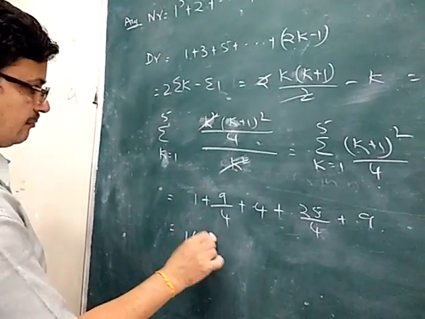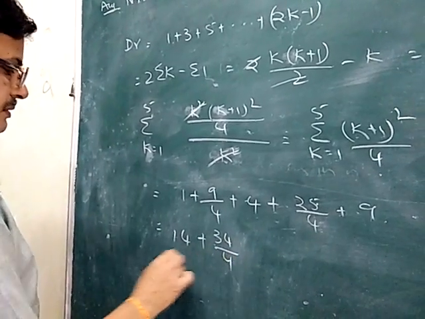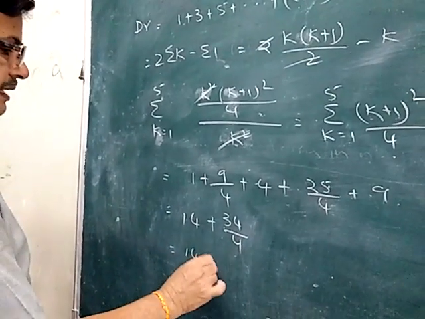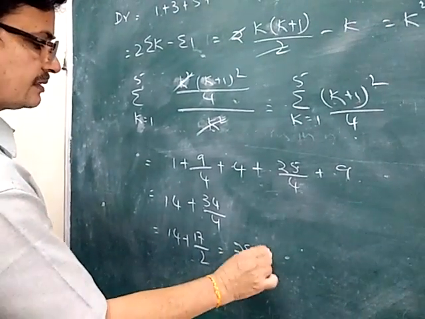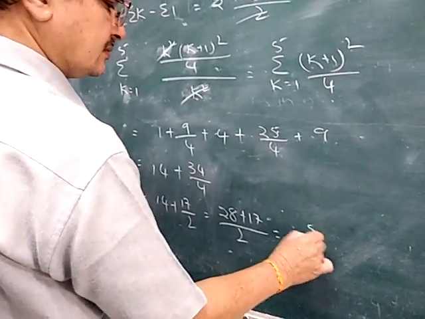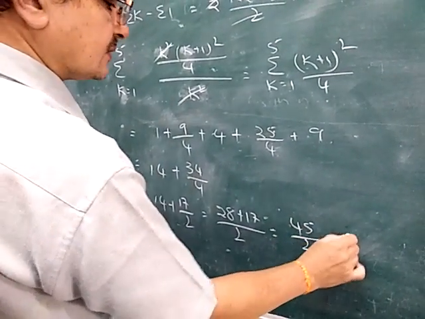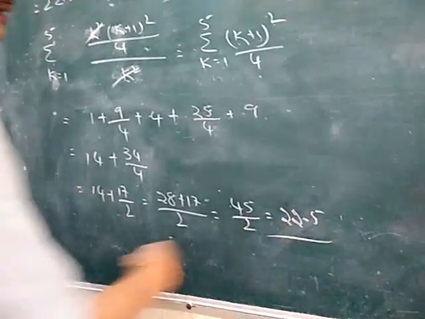This is 14 plus 34 by 4. This is equal to 14 plus 17 by 2, that is 28 plus 17 by 2, that is equal to 45 by 2, which is 22.5.